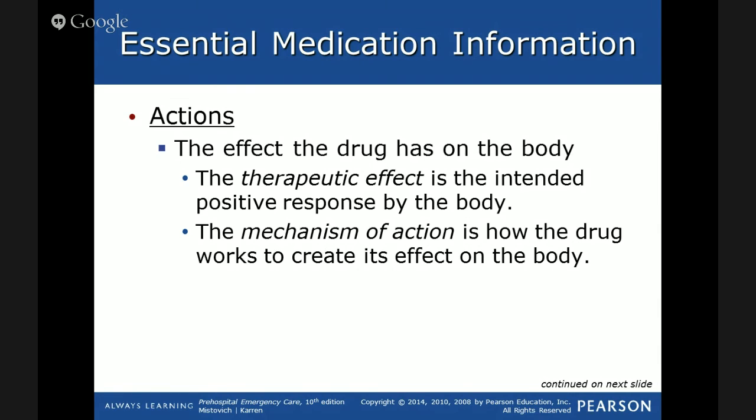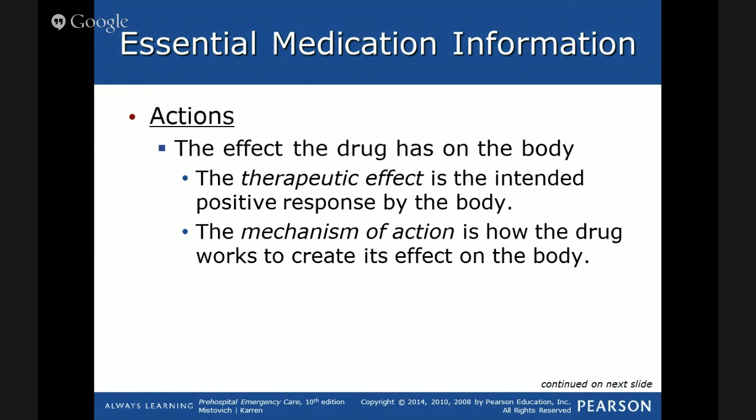So we're talking about nitroglycerin. What is our therapeutic effect, or what is our intended response in the body when we give nitroglycerin? Lower blood pressure. Relieve chest pain. Relieve the pain, right? What is the mechanism of action? How is it going to relieve the pain? By dilating the blood vessels and increasing blood supply to the heart, decreasing workload, and so on.